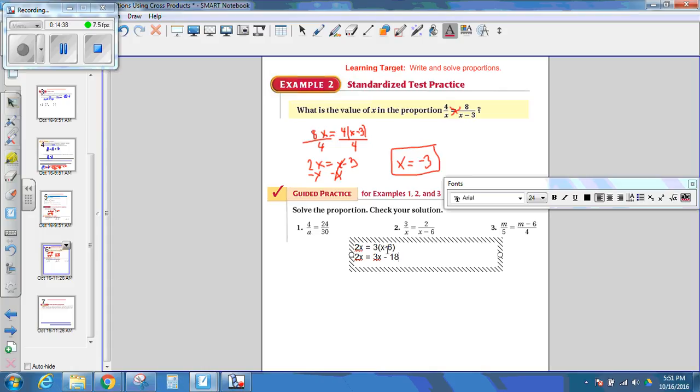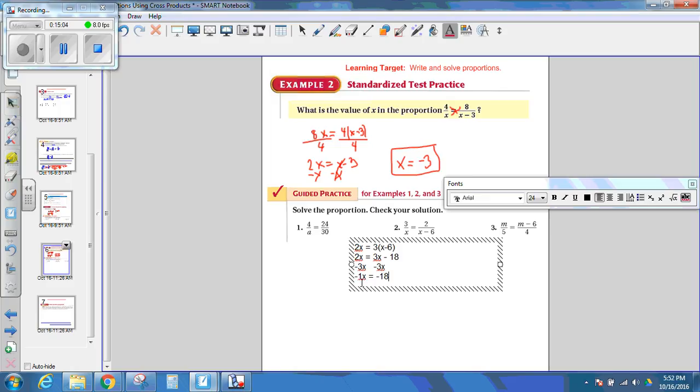The reason I did that is that it doesn't work out nicely to divide this time. So I want to get my x's together. So I'll subtract 3x from both sides. 3x here, subtract 3x here. And so I get negative 1x equals negative 18. If I have negative 1x equals negative 18, I need to undo this multiplication.